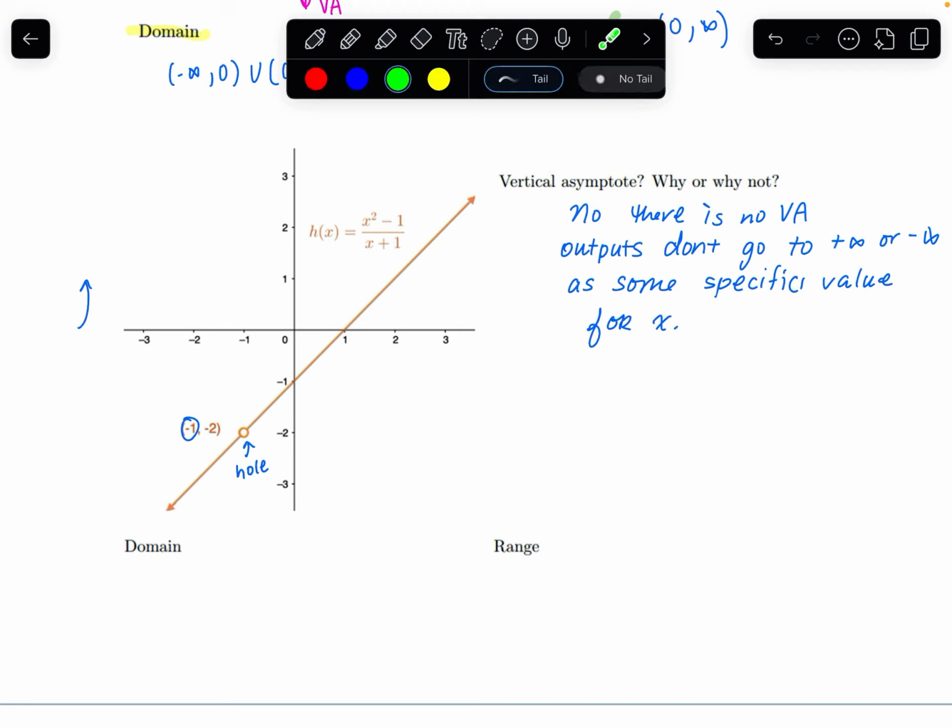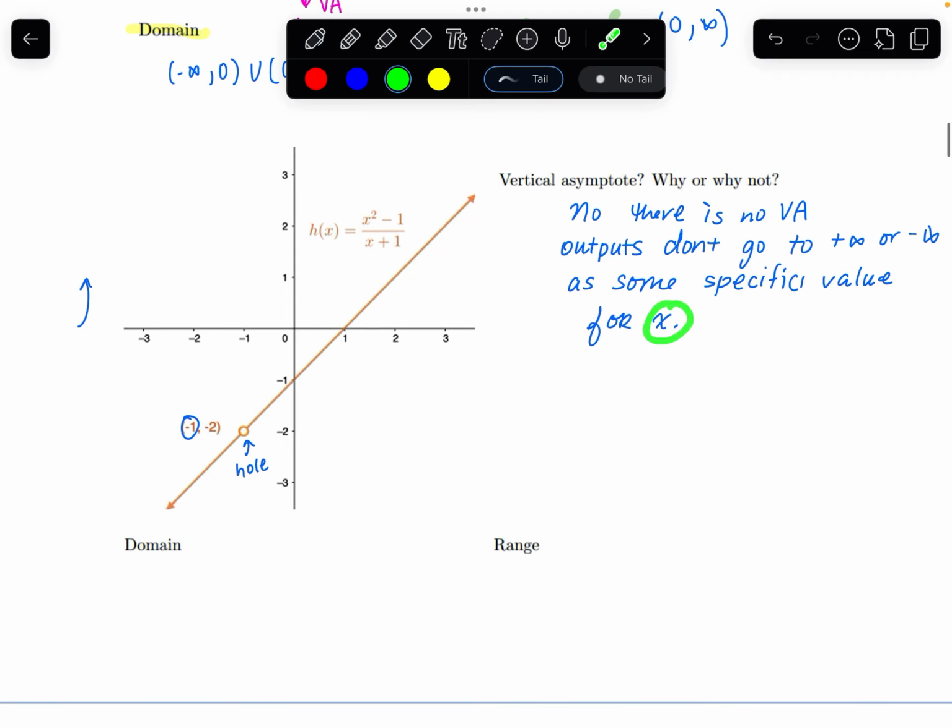I mean, sure, we've got this end taking off to positive infinity, but x is going to positive infinity also. And what we really want is x to be some specific number, like 7 or -2 or 0, like we've seen a couple of times. It does need to be a particular one.